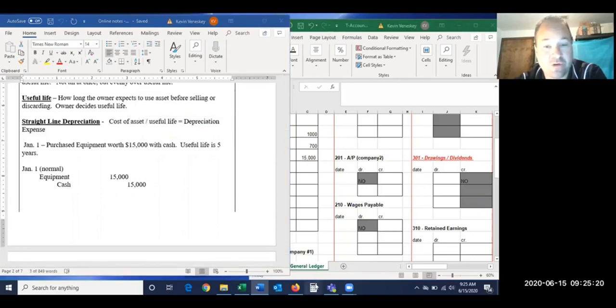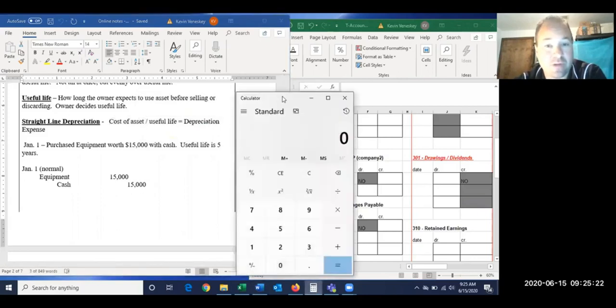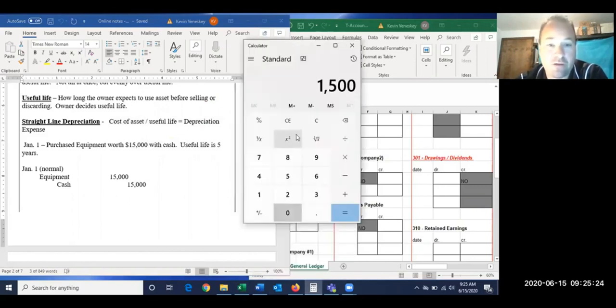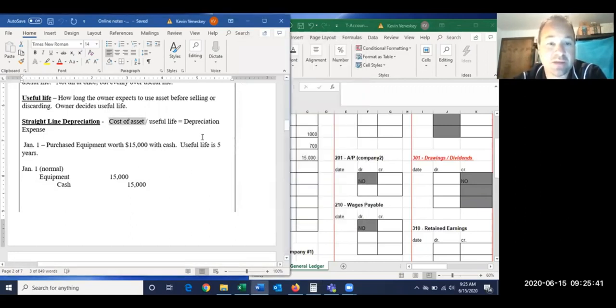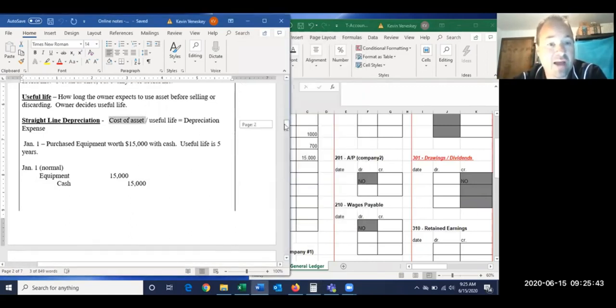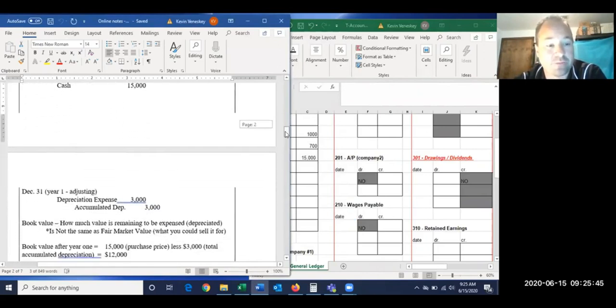So if you need to, put it in your calculator. So if I put in 15 grand and then divide by the useful life, 5 years, that tells me basically I'm getting the benefit of $3,000 every year for 5 years. So that's what I want to expense, is that partial value that I'm getting right now.